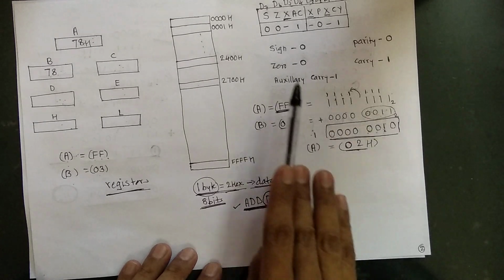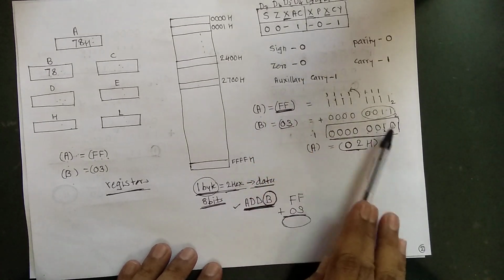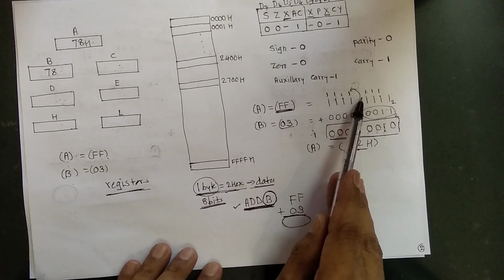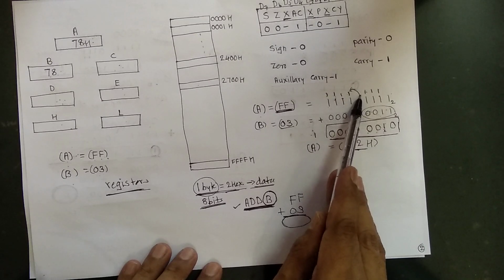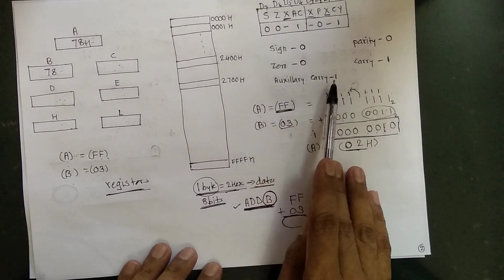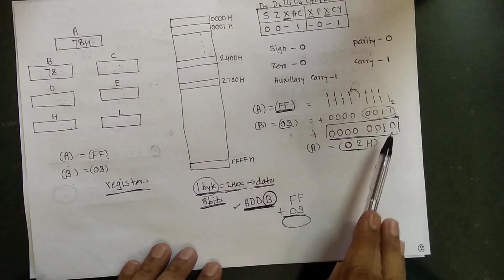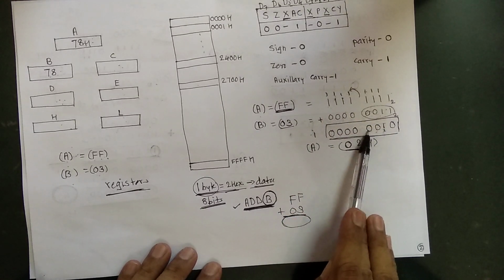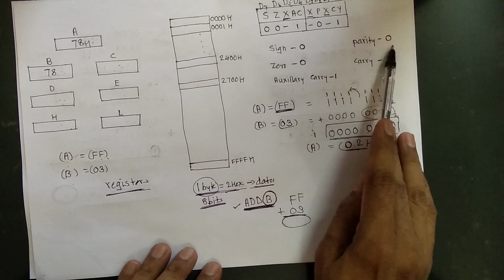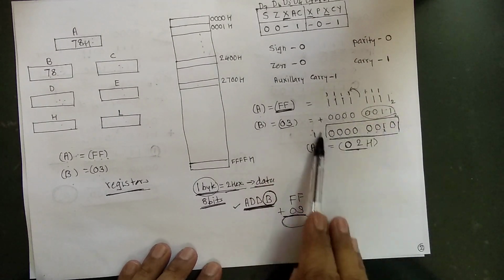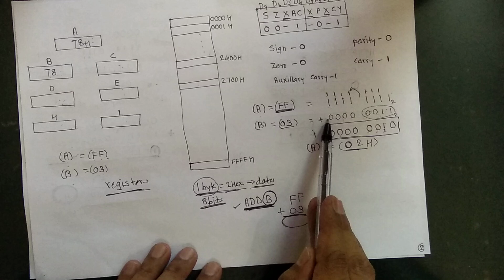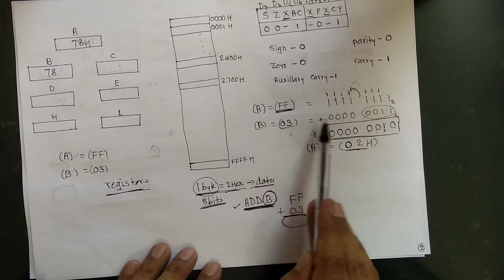If a carry is generated from the 4th bit to the 5th bit, the auxiliary carry flag is set, otherwise reset. If 1 is present an even number of times, the parity flag is set, otherwise reset. If a carry is generated from the most significant bit, that is the 8th bit to the 9th bit, the carry flag is set, otherwise reset.